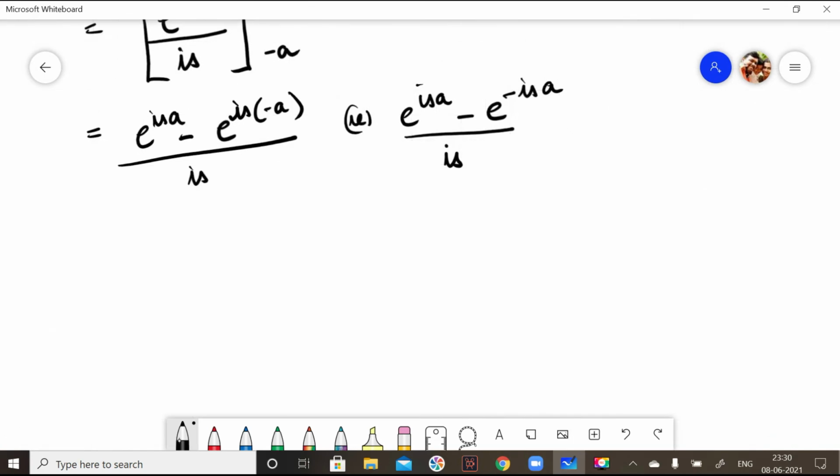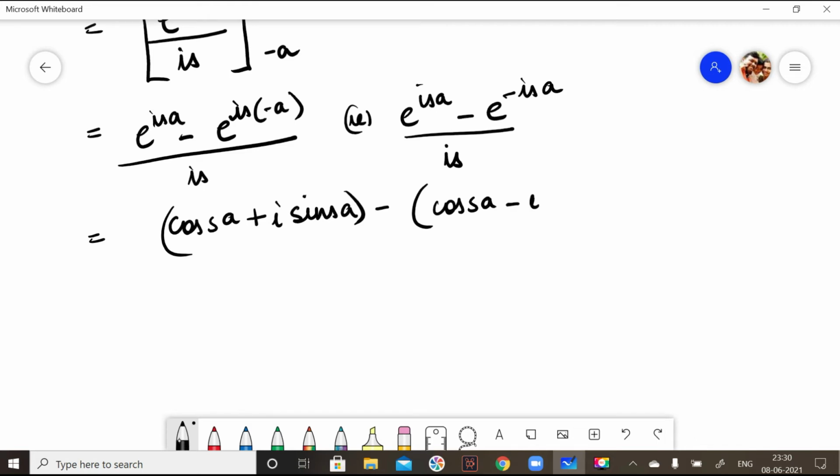Clear? How is e to the power isa written? e to the power isa is written as cos sa plus i sin sa. Similarly, how is e to the power minus isa written? cos sa minus i sin sa, by is.